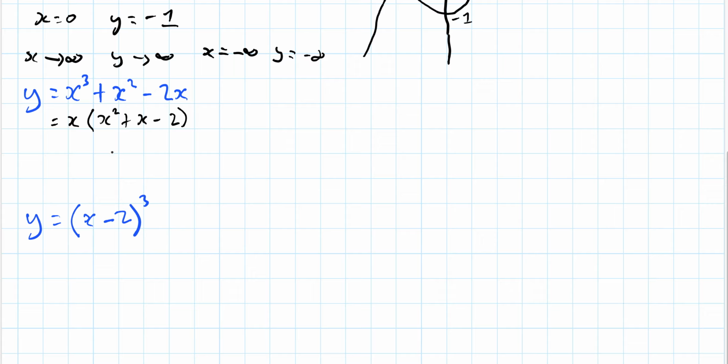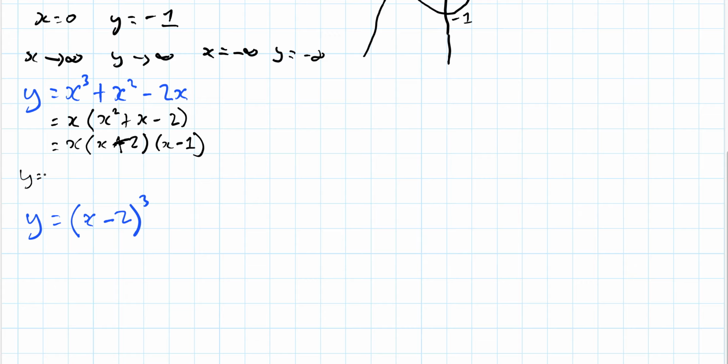That will equal x times x plus 2 times x minus 1. Actually, it should be plus 2 and minus 1: they multiply to give minus 2 and add to give a positive 1.